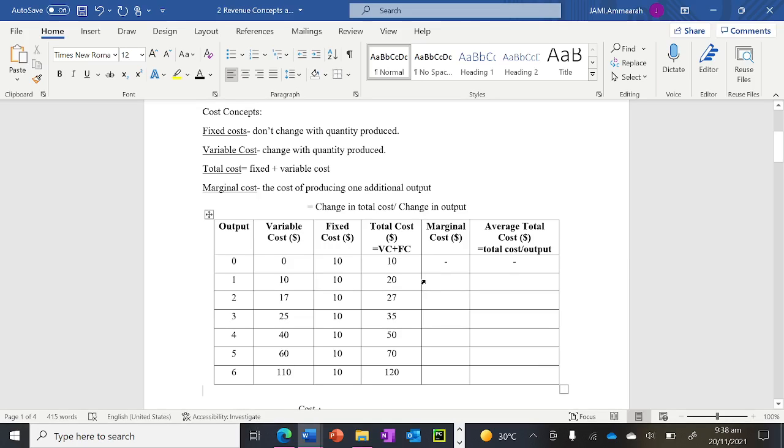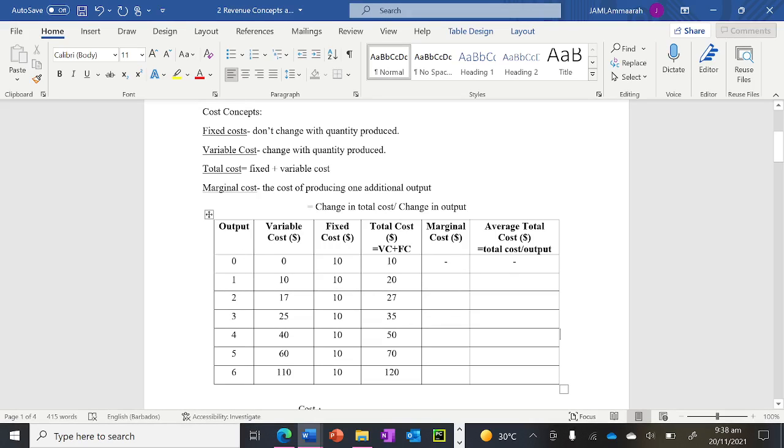Now, marginal cost, as we discussed here, is the additional cost that you would incur from producing 1 additional unit of output. So when you're producing 0 units of output, you're not adding anything on, so you don't have any marginal costs.